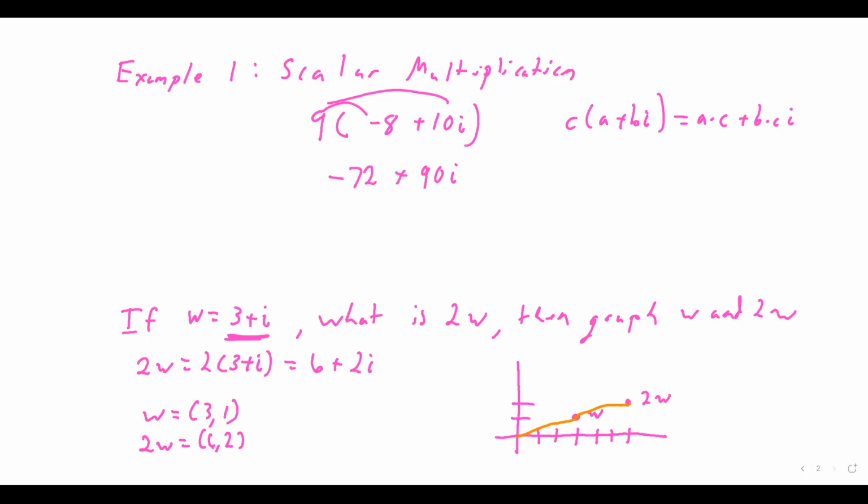Yeah. So it's roughly doubled. If I multiplied it by 3, it would have tripled, then quadrupled, and so on. So graphically, you can see it is being doubled. Any questions on scalar multiplication or graphing it? Alrighty.